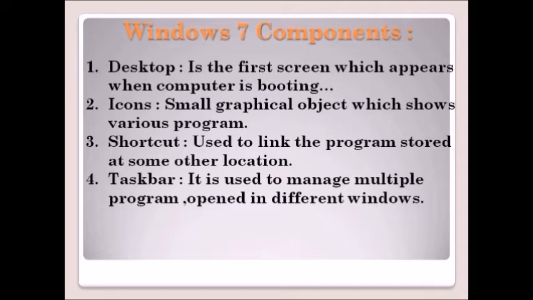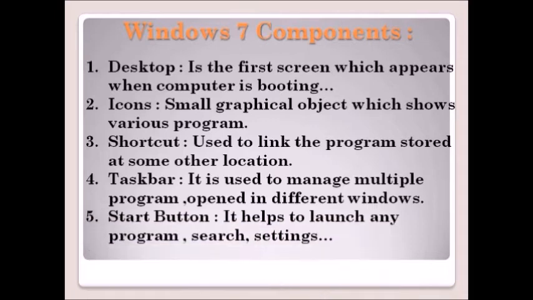Then the start button. The start button is a gateway to Windows and the Windows-based programs stored in the computer. When we click it, it opens the start menu, which helps to launch any program. We can also search and change settings from it.